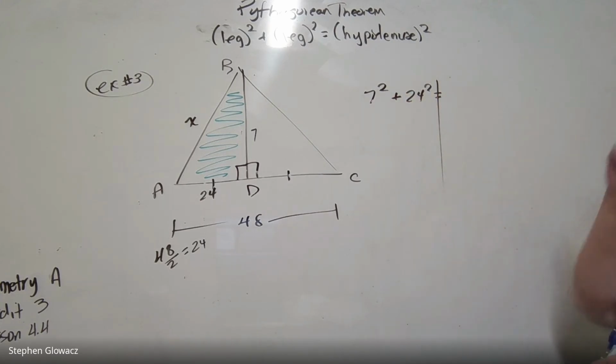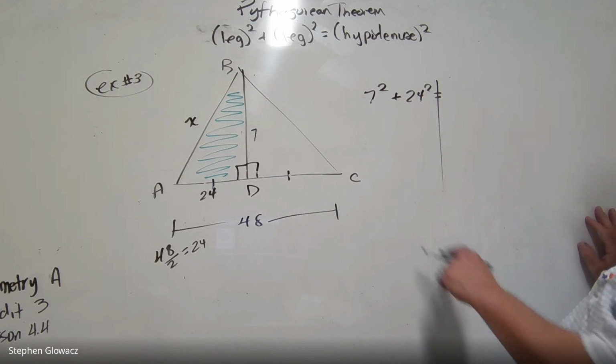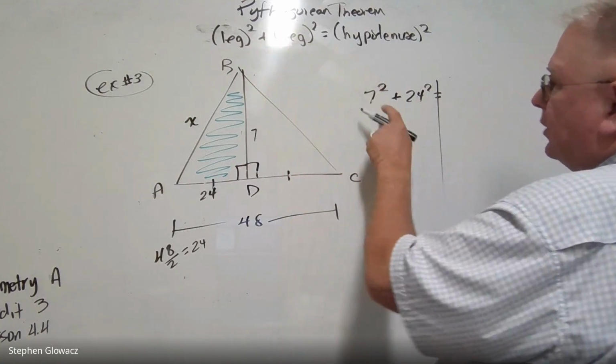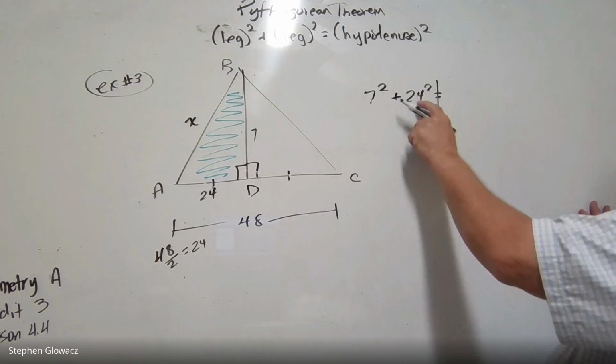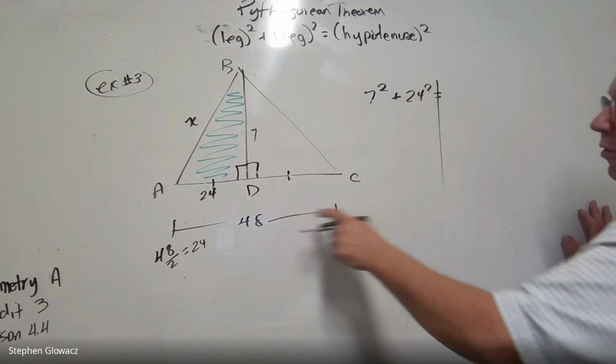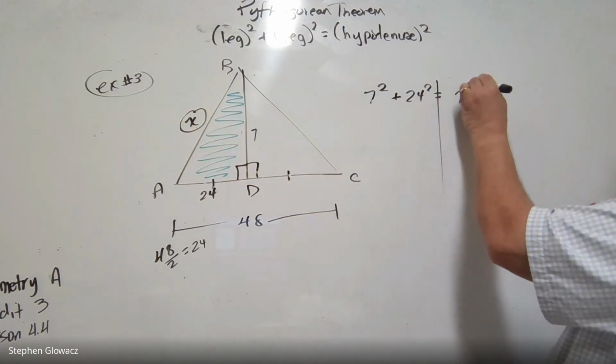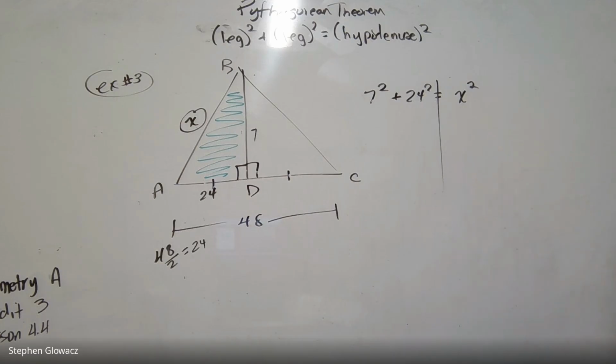It's the same. It's going to work out the same either way, because notice it says leg squared plus leg squared. So it doesn't matter which leg that's here, in which order you put them. What's important is that the hypotenuse, which once again is x, is on the other side of the equal sign.